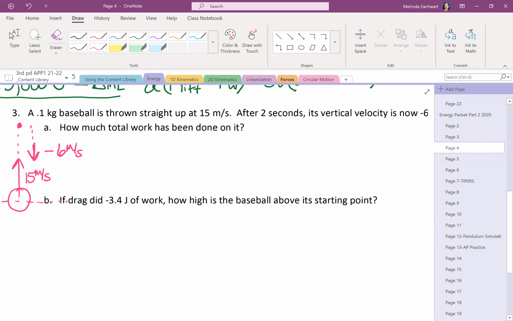And then it says how much total work? Total work, AKA how much net work has been done on the baseball. Well, work energy theorem, net work equals a change in what kind of energy changes?